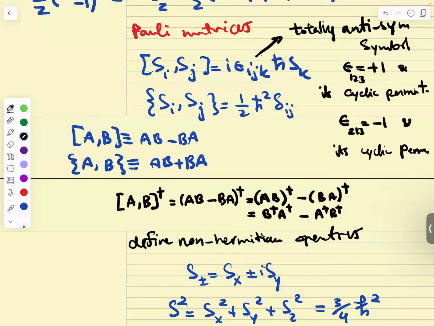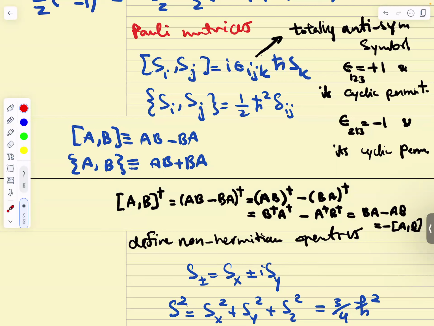But then we said B and A, I assume they're Hermitian, they're observables. So this is BA minus AB. Is this equal to itself? Is the dagger equal to the original one? No. This is minus the commutator. So it's anti-Hermitian. The commutator of two observables is not an observable. The anti-commutator of observables is an observable. Is this clear?